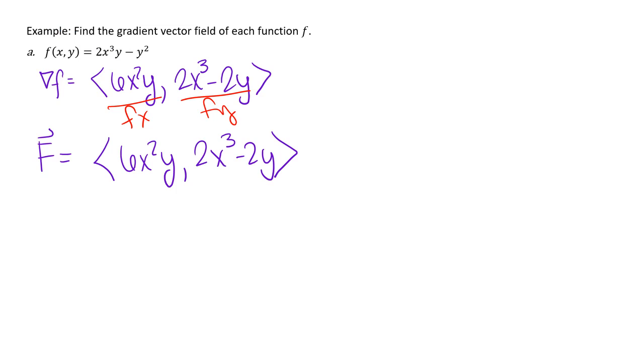And so that's all I did to compute this vector field. Derivative with respect to x of my potential function is 6x squared y. Derivative with respect to y would be 2x to the third minus 2y. And that's my answer. That's all I have to do here. There's my gradient vector field.